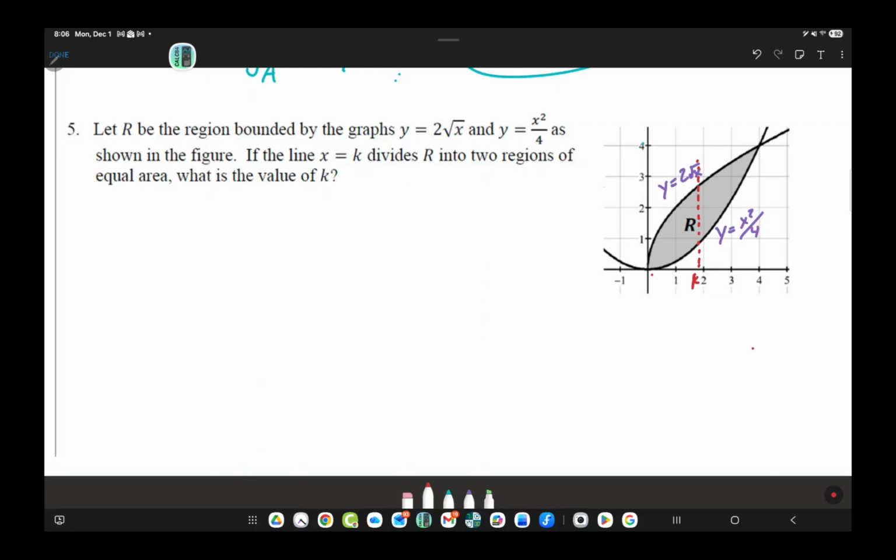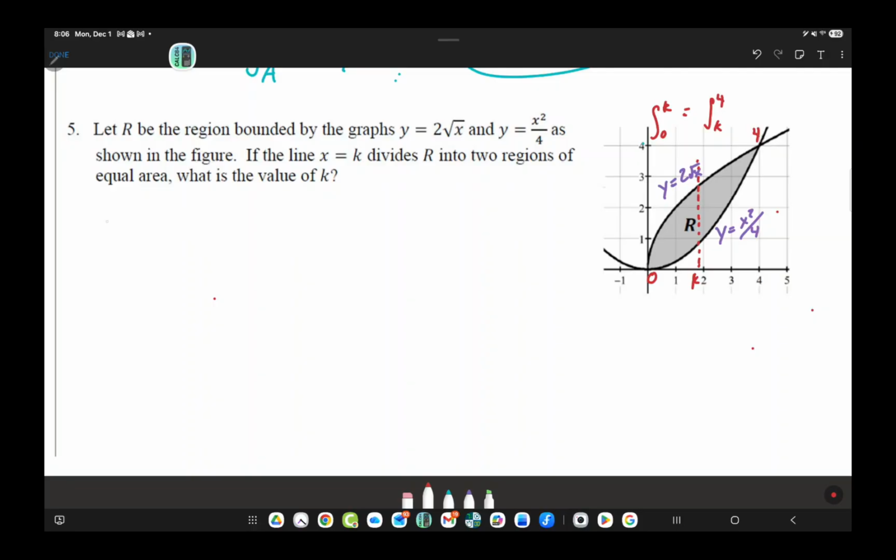Well, this initial bound is 0, and here we have k, and then we have another boundary of 4. We want to know when the integral from 0 to k is equal to the integral from k to 4. That's what we want to know, and we'd have to find what k value gives us that.